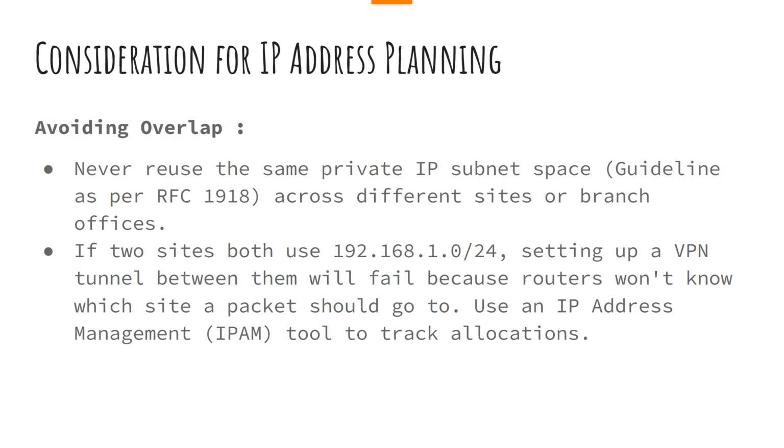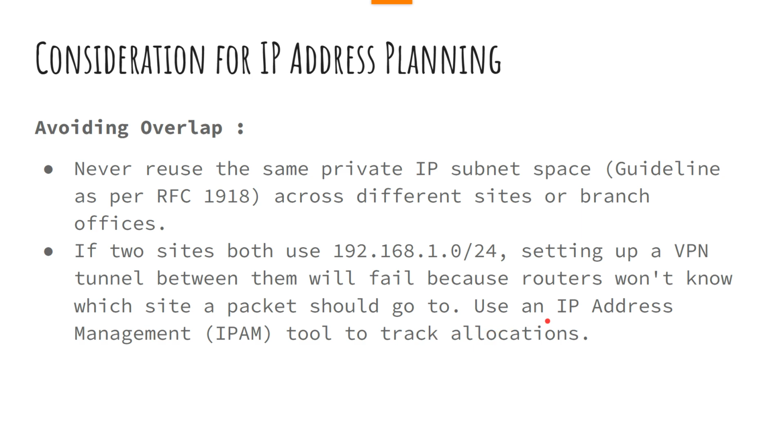Why? Because the router will not know, because at both the ends you have the same IP address. So it's like A talking to A. When A is talking and when A is listening, I will never come to know, and that is where the problem is. So for such things, avoid overlapping of the IP addresses.